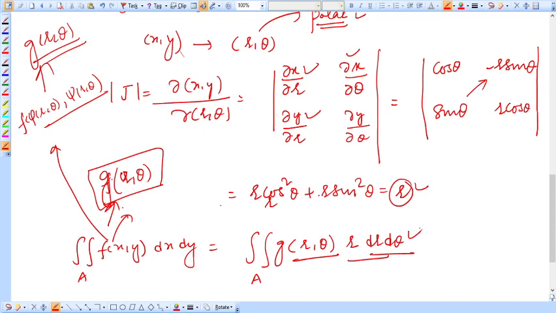So this is how we change the variables of the given double integral. This is the way to change the variables.